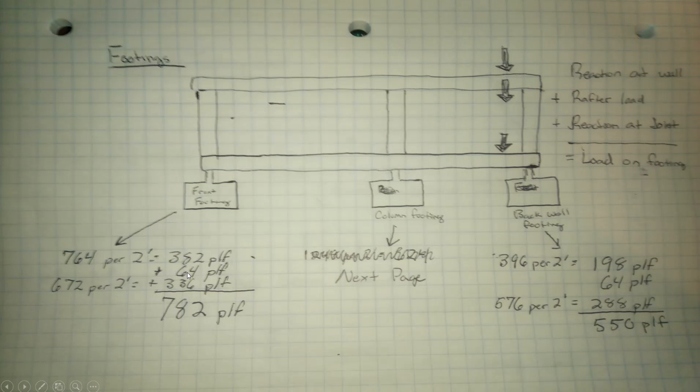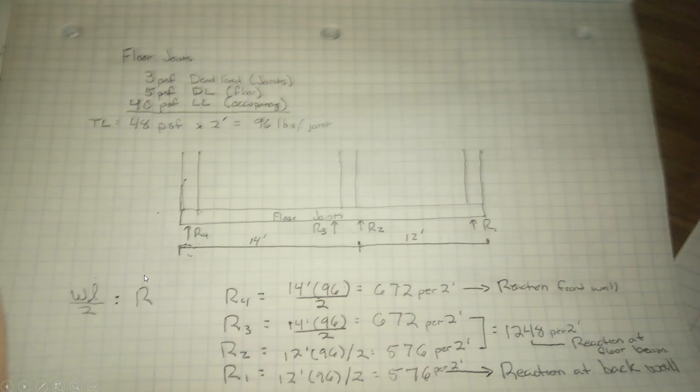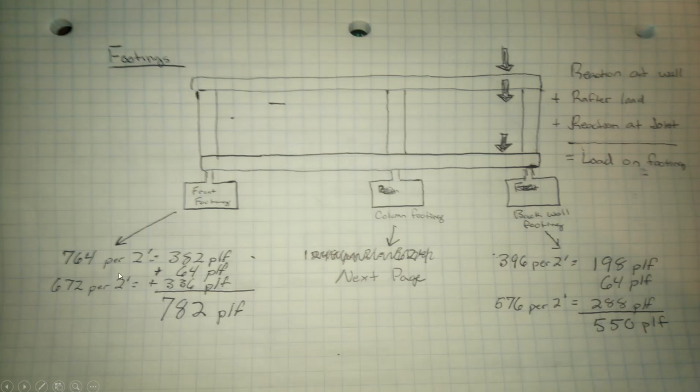And then the 64, which was the rafter load that we found at the very beginning. And then 672 per 2 feet is the reaction at the joist, which we found right in the previous slide. And that all equals 782 pounds per linear foot.